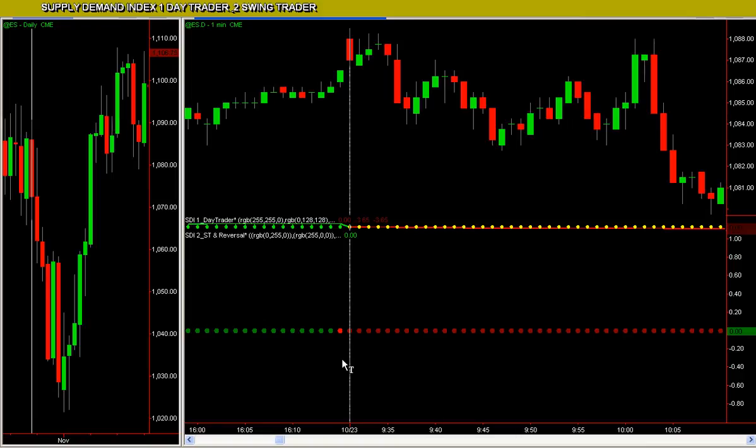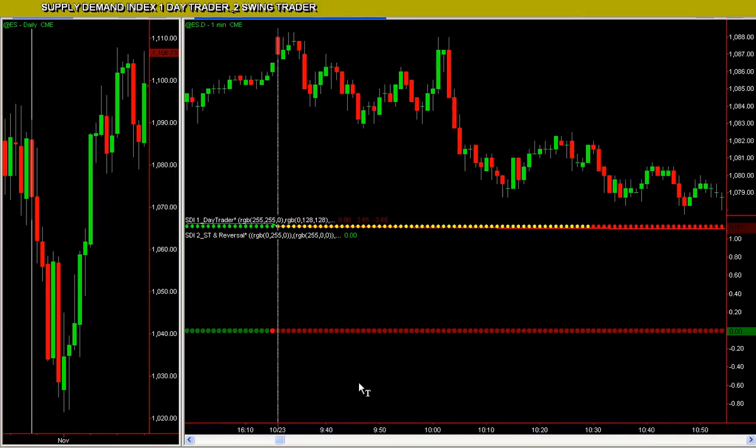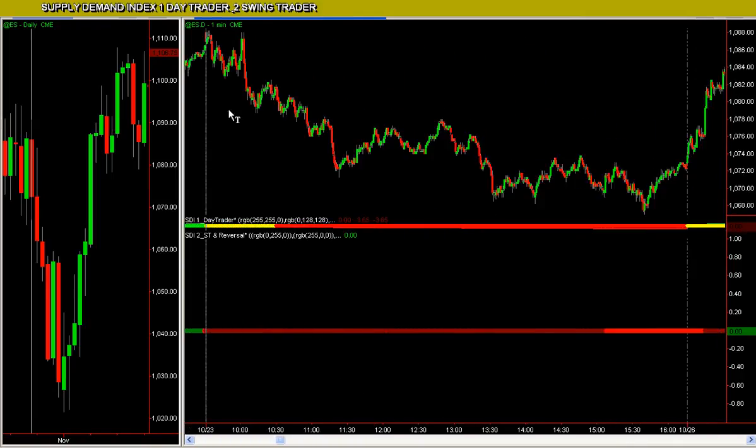And that gives us a heads up so we can take advantage of moves like this. Normally those who have been using this will pretty much get a position and take advantage of it, and then they'll do scalps in the same direction during the day if everything lines up.